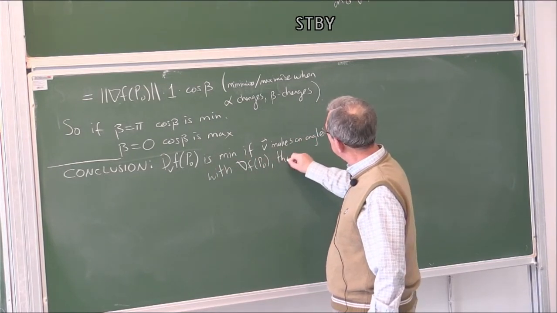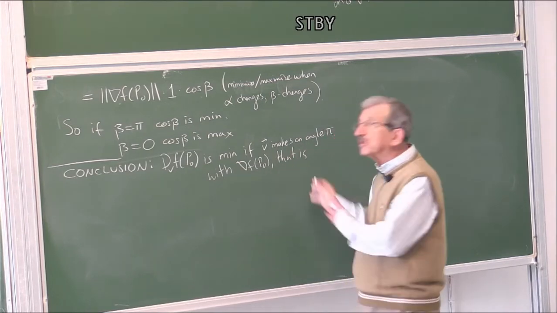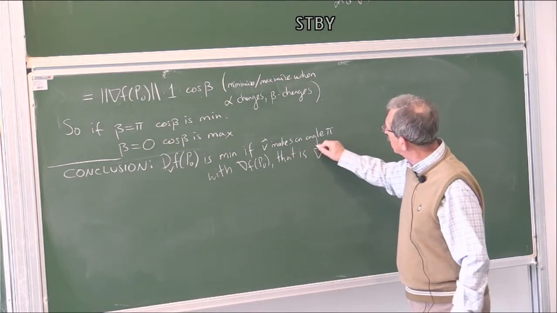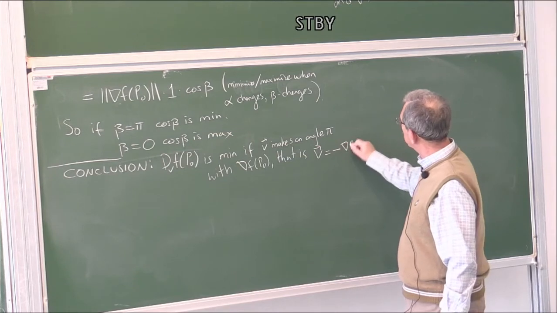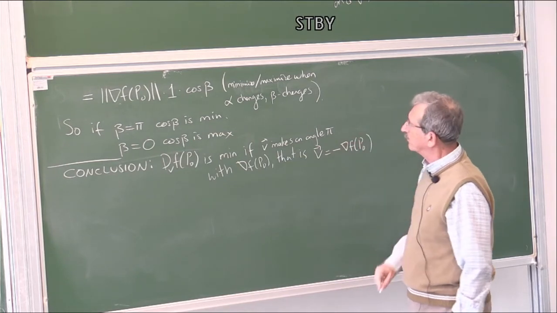That is, they're oppositely directed. v is minus gradient f at p0.